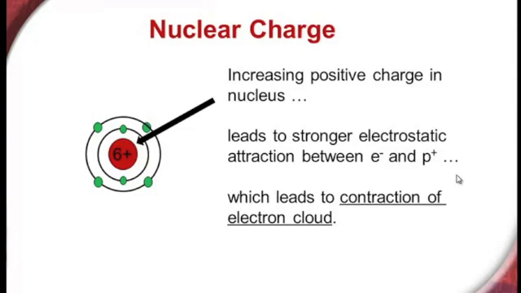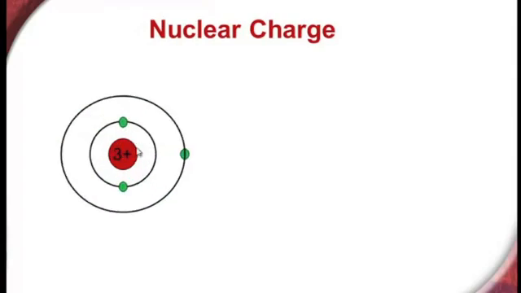Now, you've probably had more experience with magnets in real life, actually handling real objects that are magnetic. And a good analogy is to think of the nucleus as a magnet. Maybe this is like the North Pole, and it's pulling on the electrons, which might represent the South Pole of another magnet.